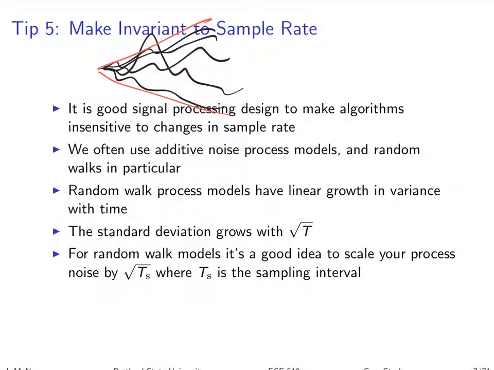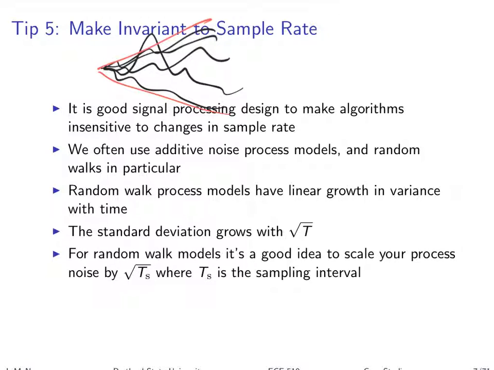So the short answer, without going through the kind of math that we saw in one of Iris's presentations, is that you scale the standard deviation of your process noise by the square root of t, and that will usually make it invariant to changes in the sample rate. If you're waiting a longer period of time with a random walk model, that's equivalent to taking a bigger step.